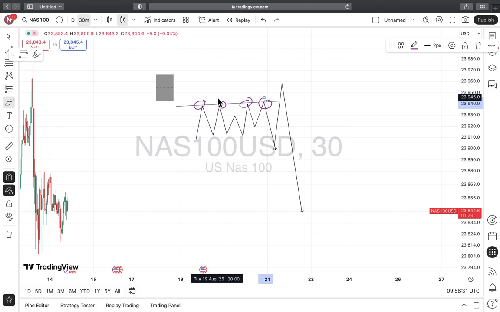This means you need to avoid as much as possible trading at that given zone and wait patiently for the market to sweep that liquidity so that you can enter.